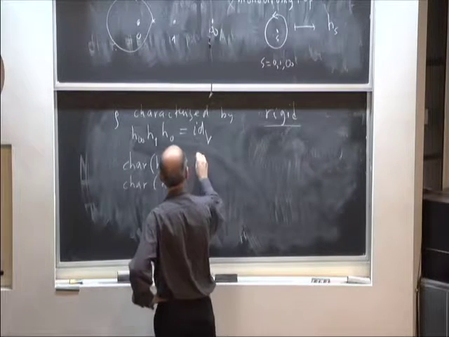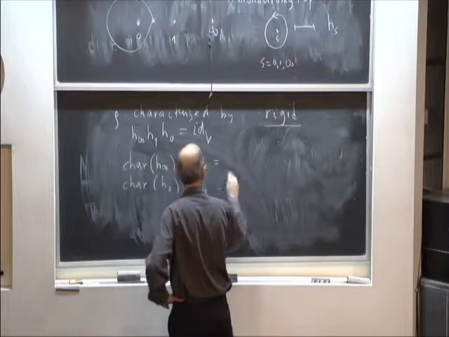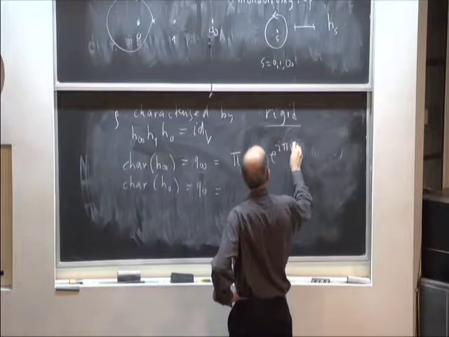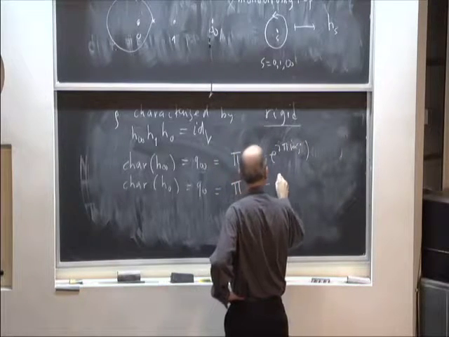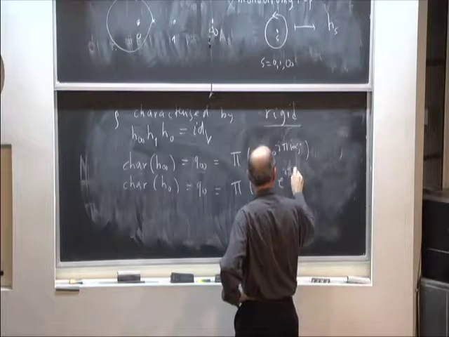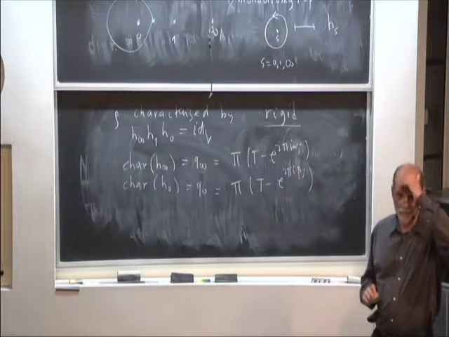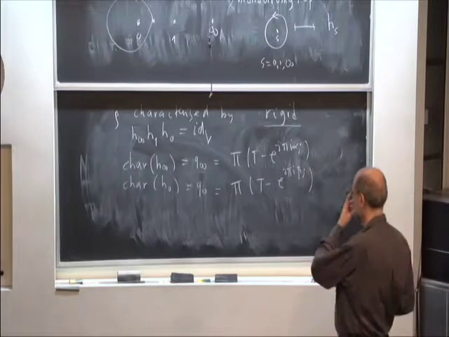So I'm going to call these Q infinity and Q0. And the connection between the parameters, alphas and betas that I had before, is that the characteristic polynomial has roots the exponentials of these numbers.